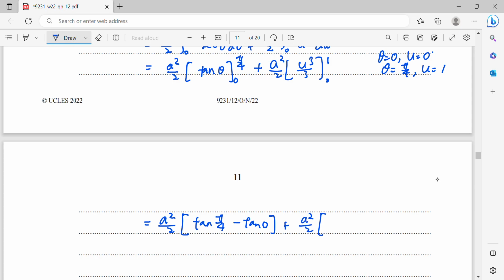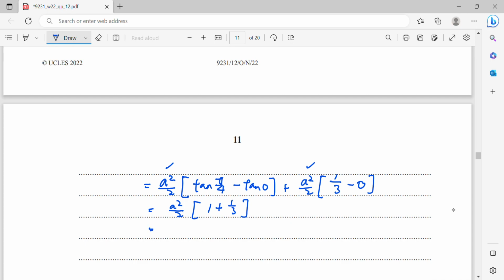So when you replace the u by 1, 1 cubed is still 1, so 1 over 3 minus 0. So now a squared over 2. Tangent pi over 4 is 1. Since these two are in common, we can factorize. Then here plus 1 over 3. So you will get a squared over 2 bracket 1 plus 1 over 3, which is 4 over 3. At last, it will be 2 over 3 a squared. So this is the area.